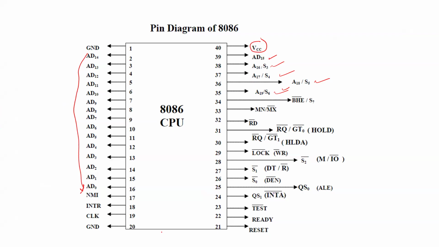so these 20 lines, that means pin number 2 to 16 and pin number 39, 38, 37.